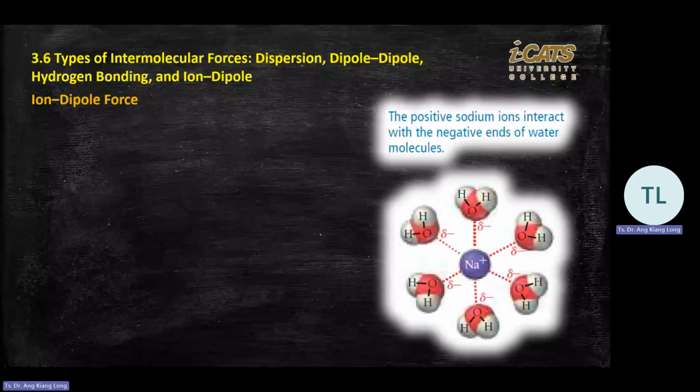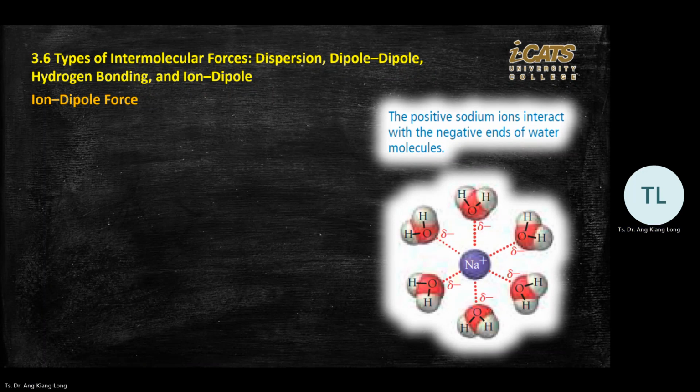Okay, ion dipole. This one I go very fast. Ion dipole means it's combined with an ionic compound. As long as it's able to have an ion, then it falls into dipole forces.